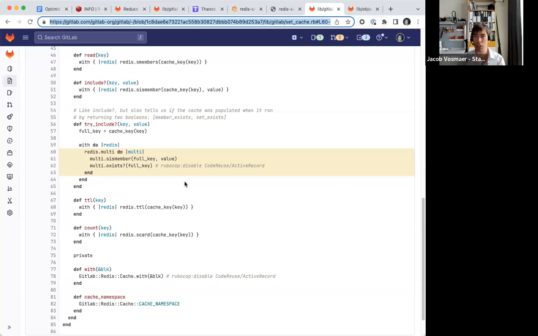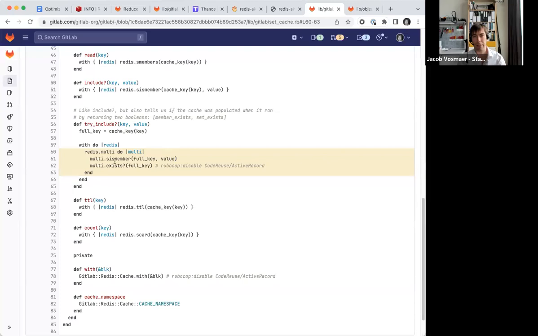So you cannot distinguish between the key exists but the set is empty, or nobody ever set the key. So this method is here to distinguish between that and say, well, is this value in the key, and if not, why is it not there? Right? Is it not there because the key doesn't exist, or because the key contains other stuff and just not the value we care about?